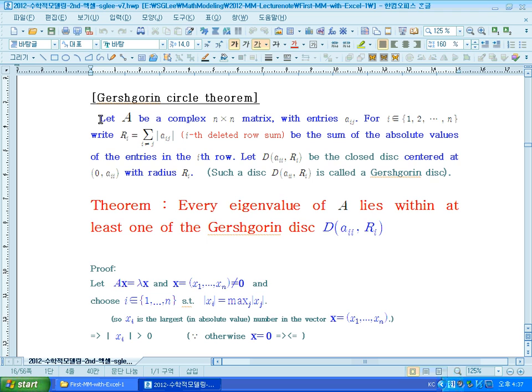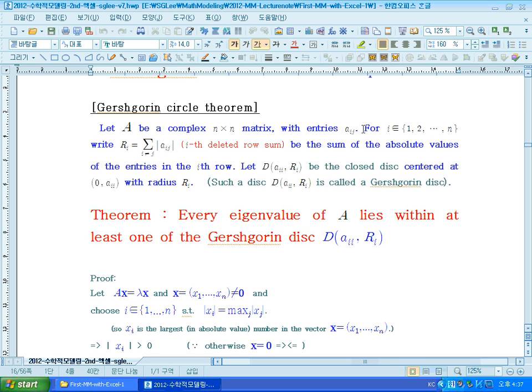Okay, we start with an n by n complex matrix with entries a_ij, and we define R_i as the ith deleted row sum, which is the summation of the absolute value of a_ij from j equal 1 to n, except i equal to j.